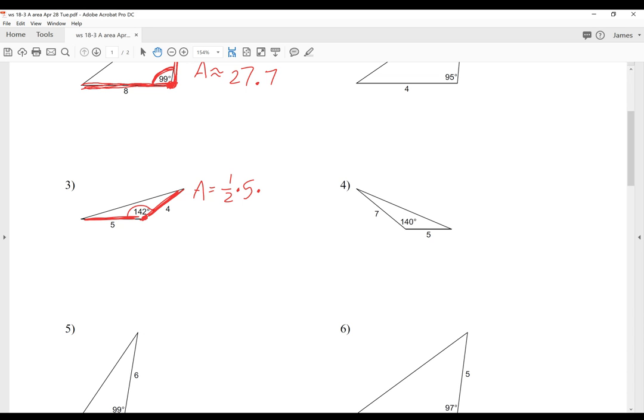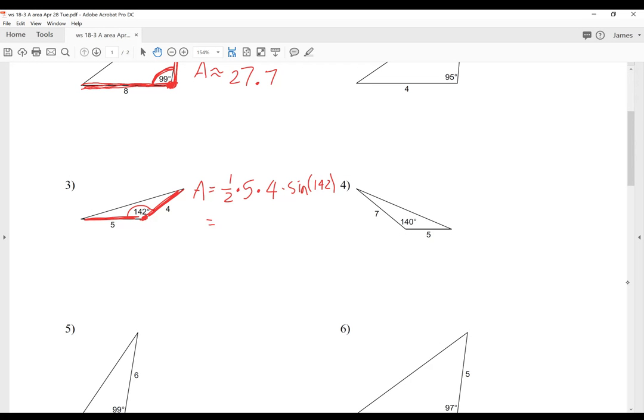You're going to see in a minute that it doesn't have to be on the bottom, it could be any length of the triangle. So 5 times 4, two sides, and then times the sine of the angle between them. We don't have to find the height. We just need the two sides and the angle between those two sides. You don't need a 90 degree anywhere.